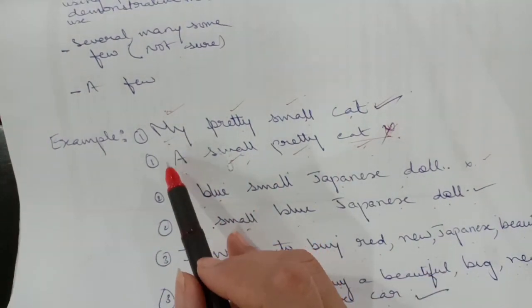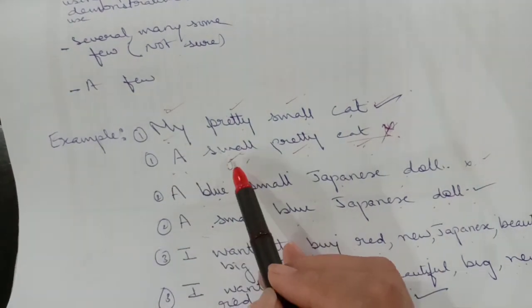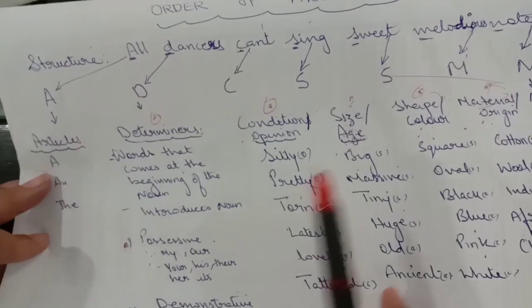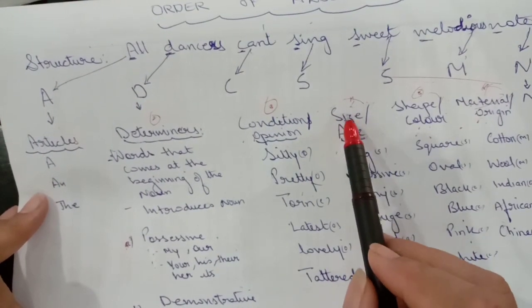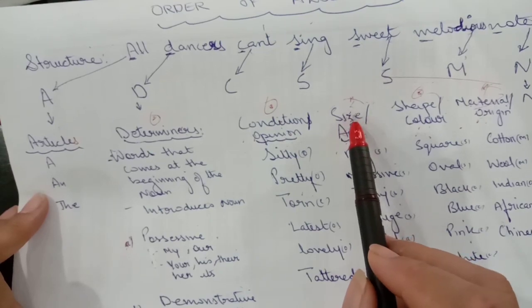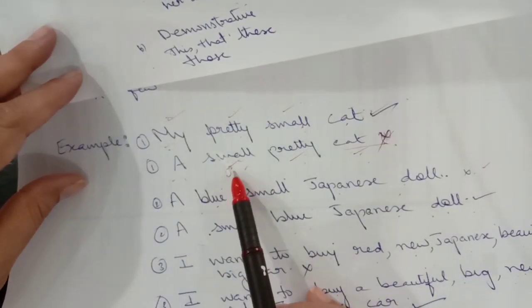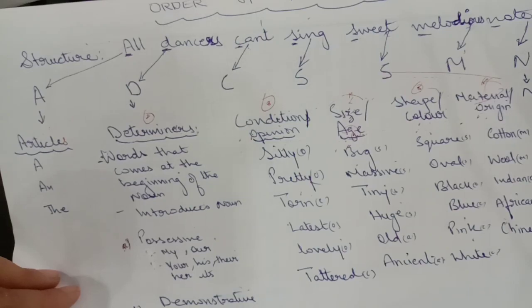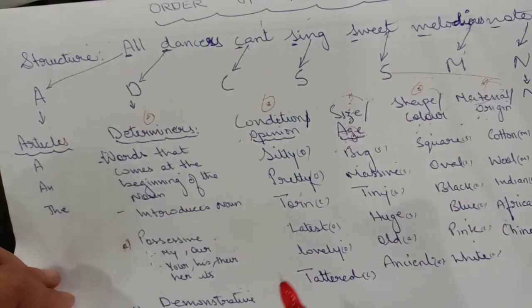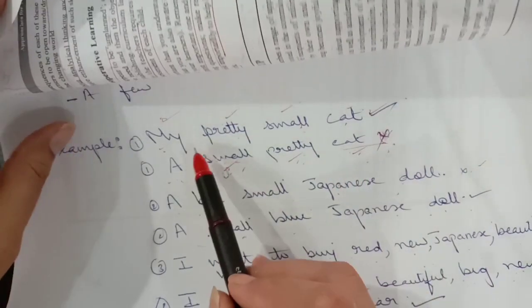See here, you have used the article a, okay, but small is at which place? See the size, it is at fourth place. So you cannot use this because you have used it at the second. So this sequence is wrong. Pretty is at the third position, isn't it? It is your opinion. Okay, then last is your noun. So this is wrong.